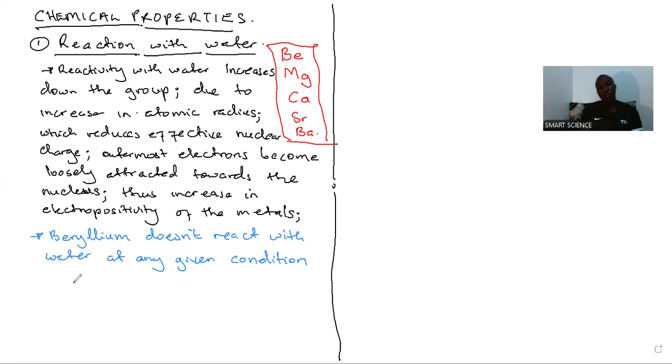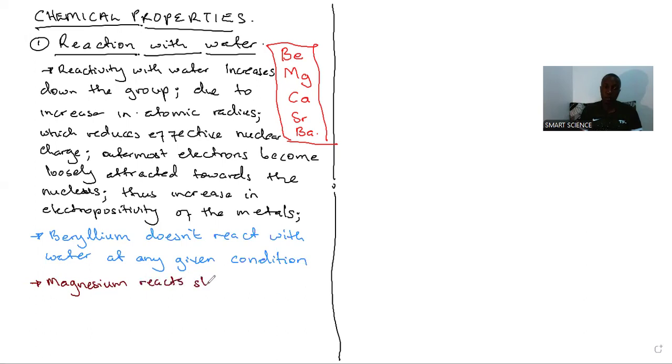So we can realize that as we move down the group, the activity increases. When you're still at the topmost part of the group, the activity of the elements is very, very minimal.